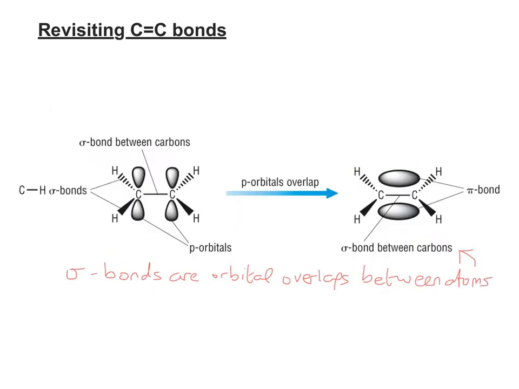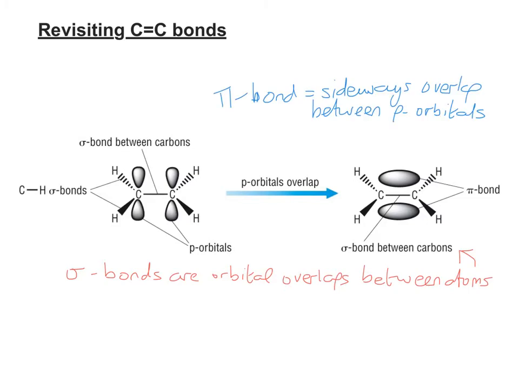And perhaps what's most relevant to this clip is the bonding in carbon-carbon double bonds. The sigma bond is an orbital overlap between atoms, in this case the carbon atoms, and the pi bond is the sideways overlap between p orbitals.